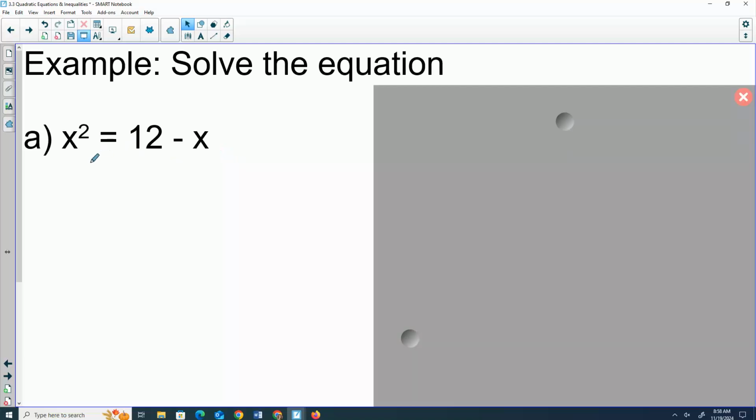We want our squared term to be positive because we're trying to factor, and when you're factoring, it's best if that x squared is positive. So what I'm going to do is add over my x, subtract over my 12, so that we have it equal to 0.